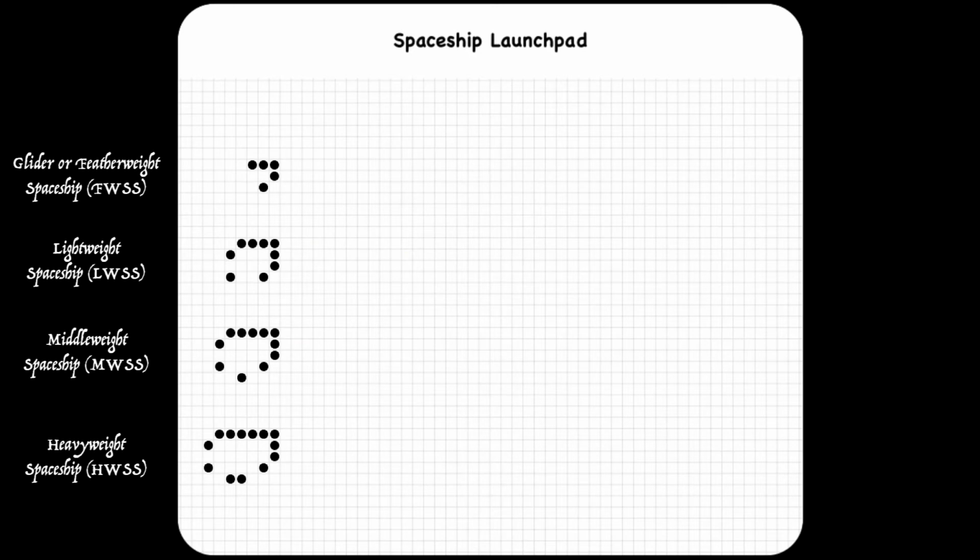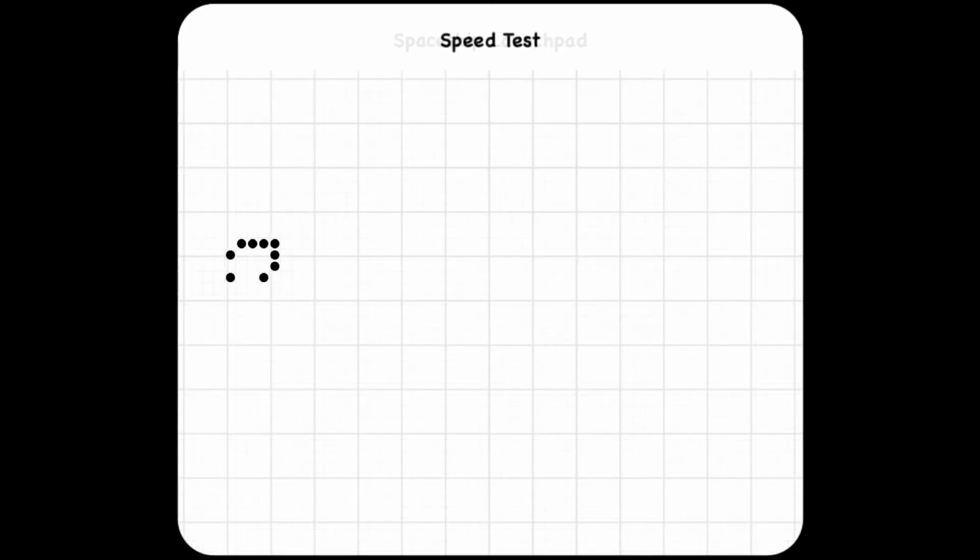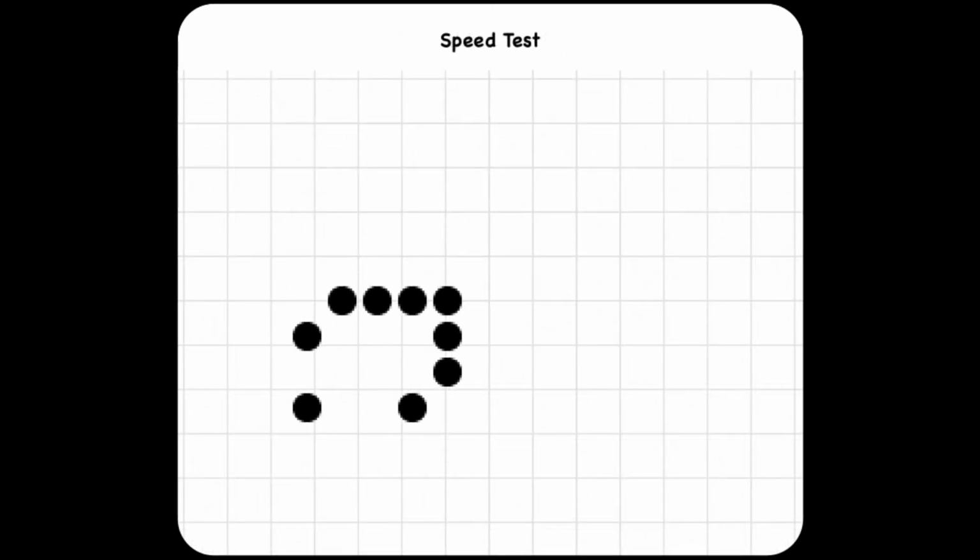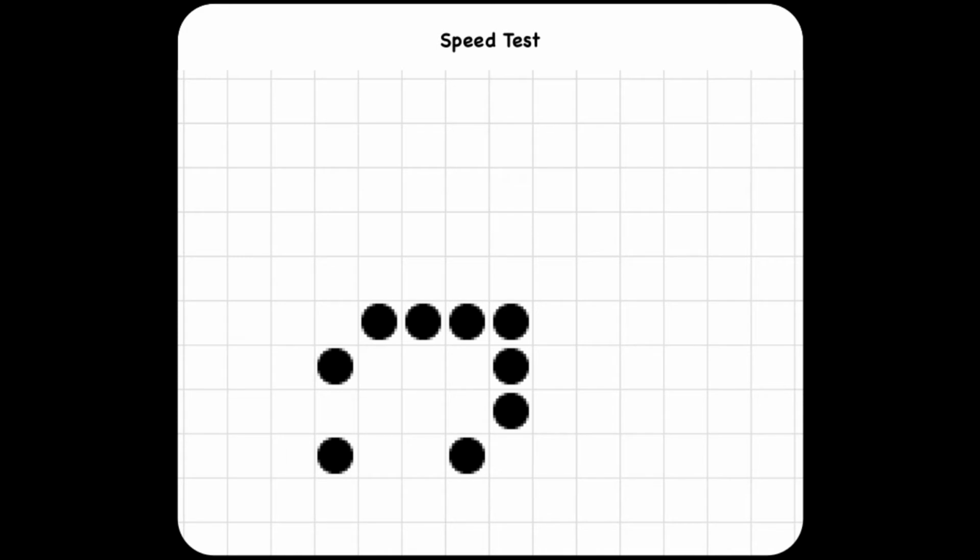What do we mean by the speed? Well, let's take the lightweight spaceship and subject it to the speed test. So what do we need to measure its speed? We'll need a clock and we'll need a starting position. So let's set it going.